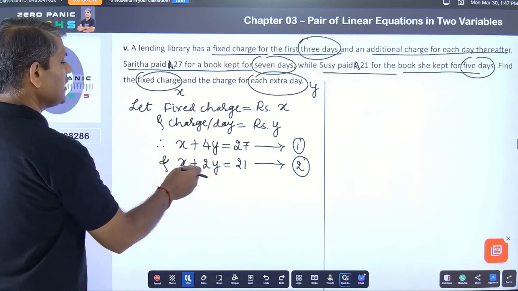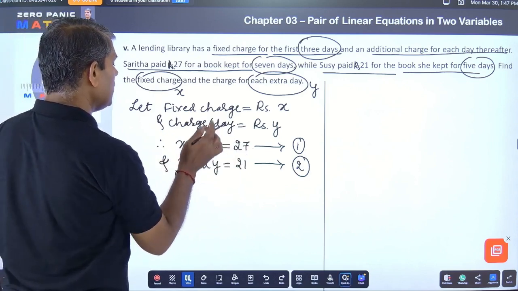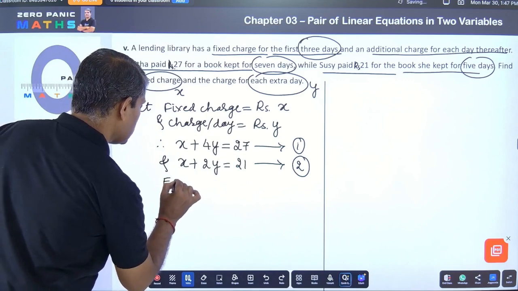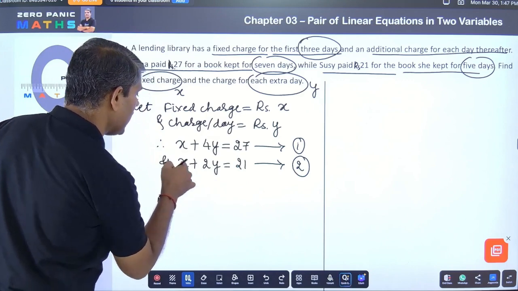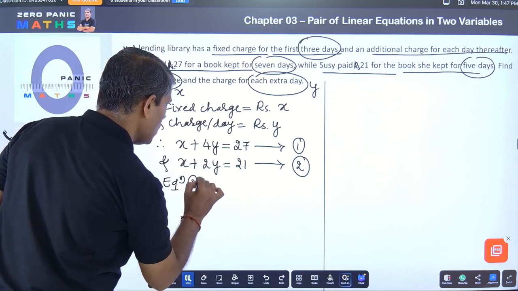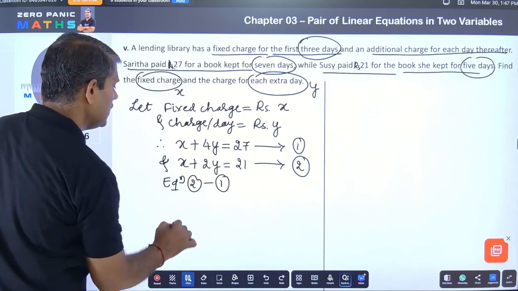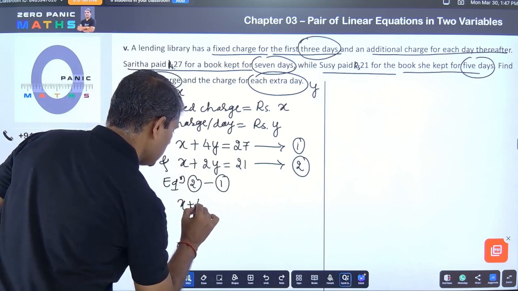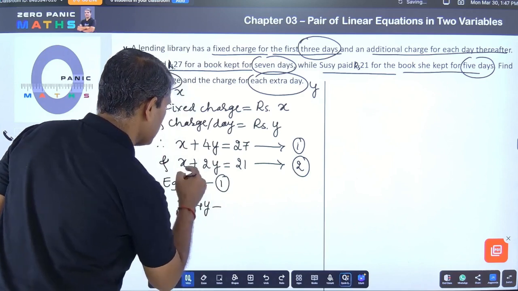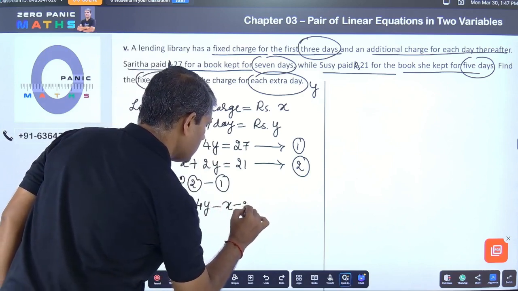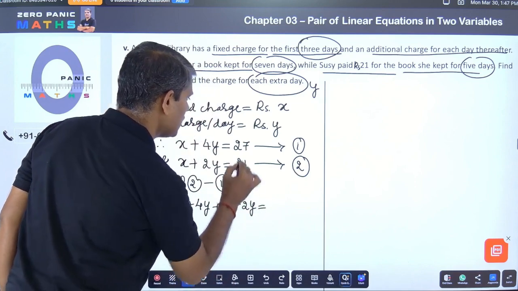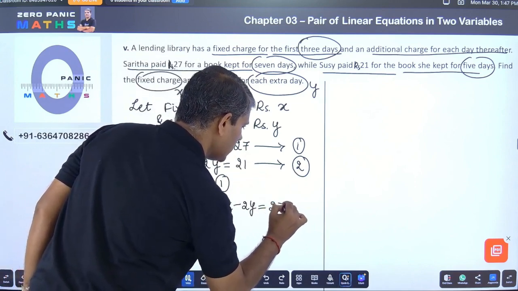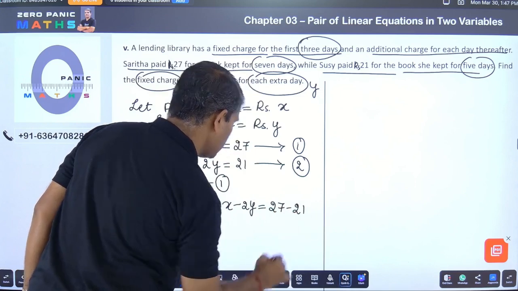Now let us subtract equation 2 from 1. Because we already have x here, equation 1 minus equation 2: x plus 4y minus x minus 2y is equal to 27 minus 21.